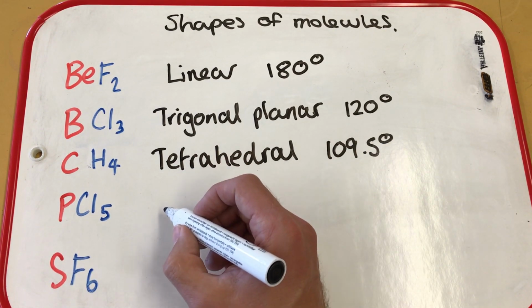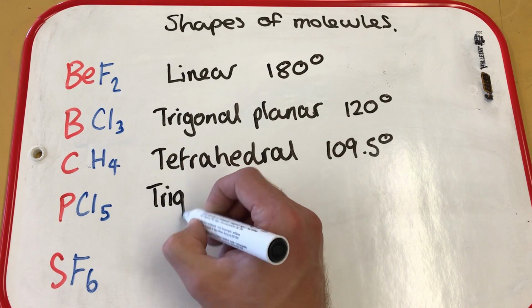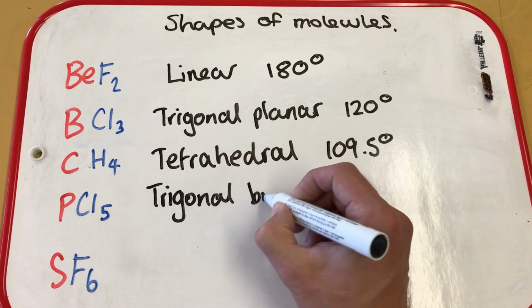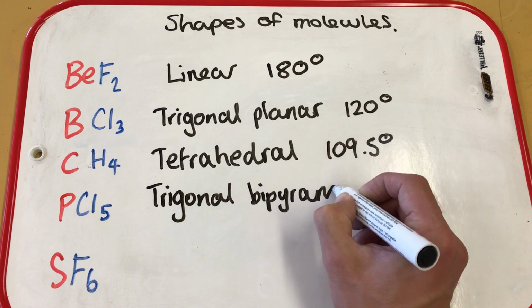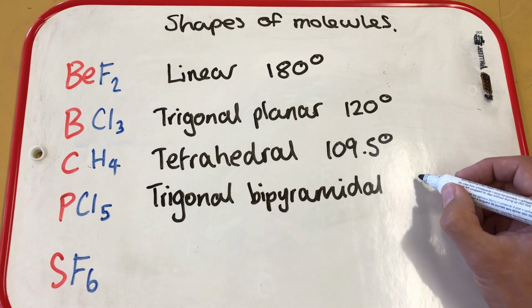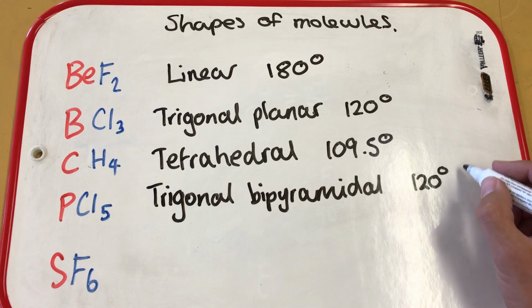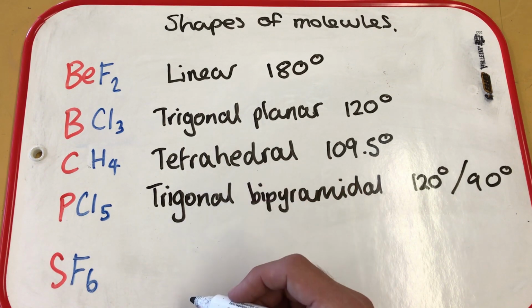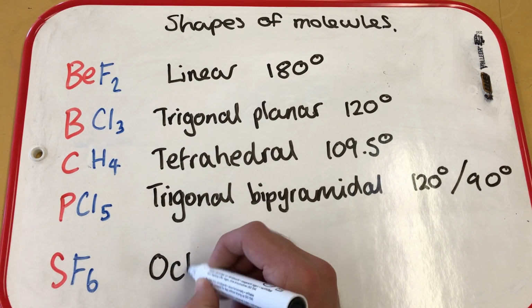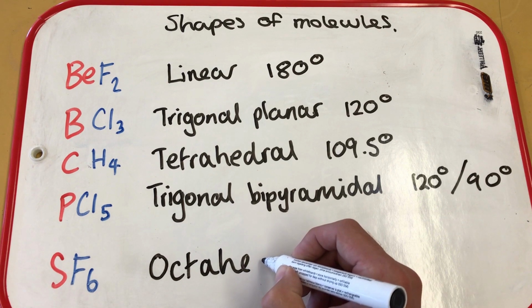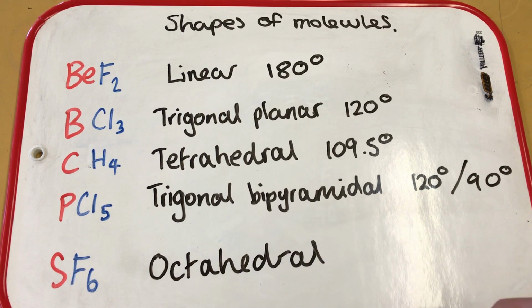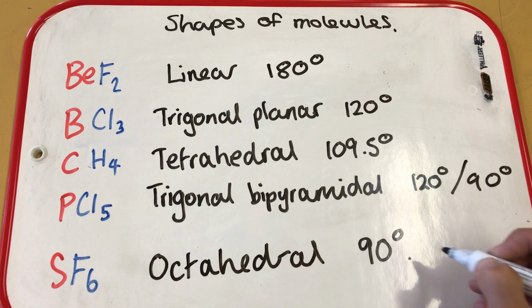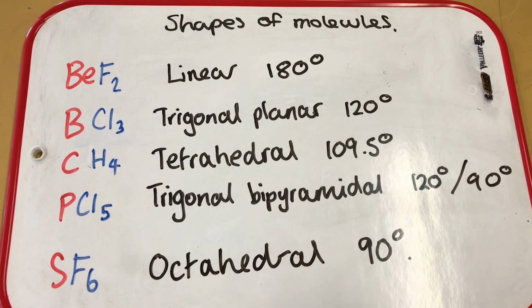We have trigonal bipyramidal, and here we have both 120 degrees in the centre and we have 90-degree bond angles to the chlorines that go up and down. And then our final structure is octahedral, and for this all the bond angles are 90 degrees. So that's just a run through of the simple shapes of molecules. In the next video we're going to look at what happens when you get lone pairs of electrons.